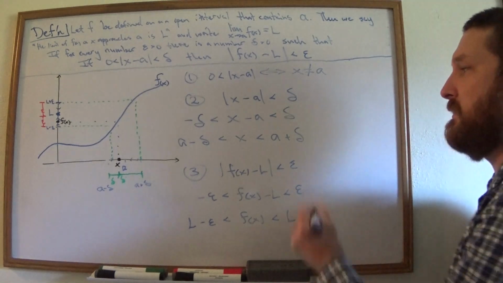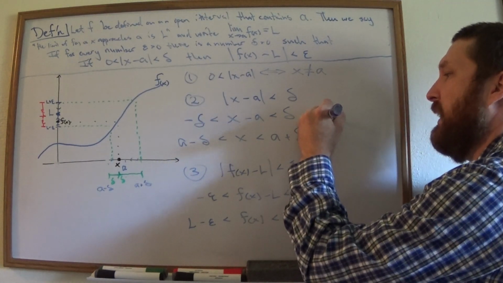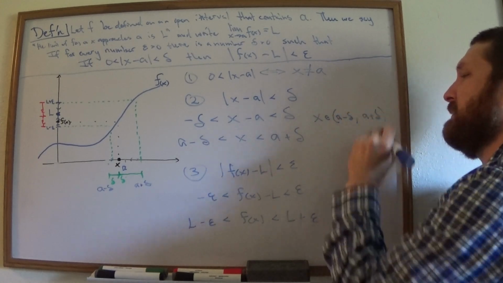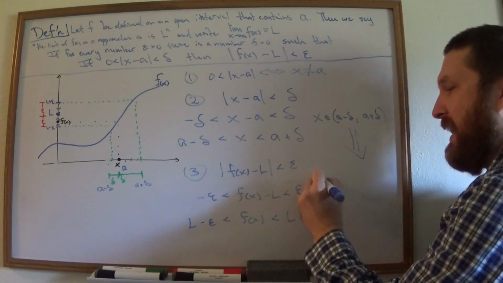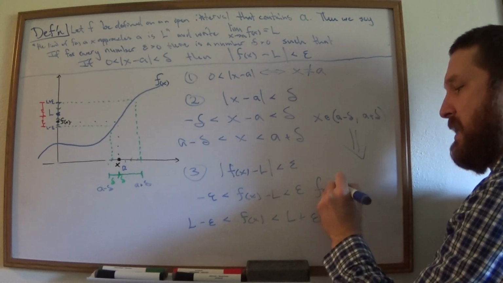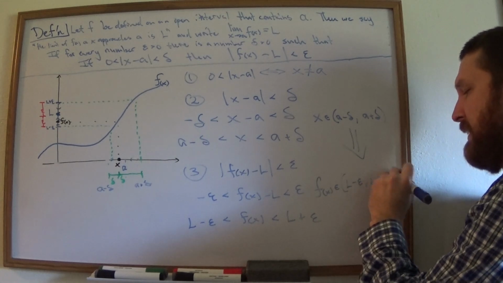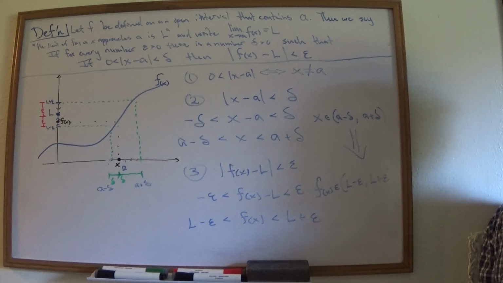Another way of writing this is to say that whenever x is in a minus delta, a plus delta, then f of that very x will be within L minus epsilon up to L plus epsilon. It means the exact same thing.